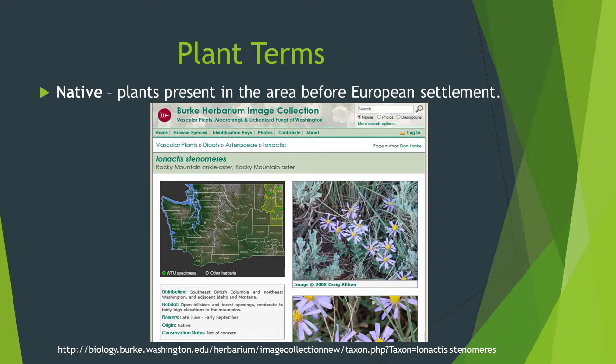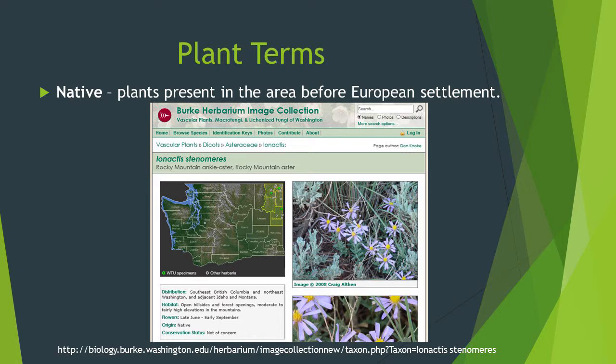So this is a University of Washington establishment, and they specify within Washington, the Rocky Mountain aster is only recorded as being found in Spokane, Stevens, and Pend Oreille counties. So somebody over on the west side here probably isn't going to want to select the Rocky Mountain aster as a native constituent in their planting.